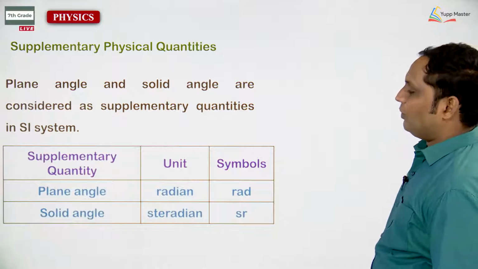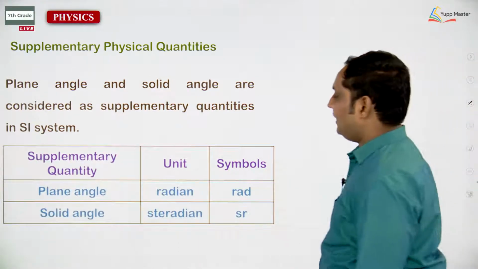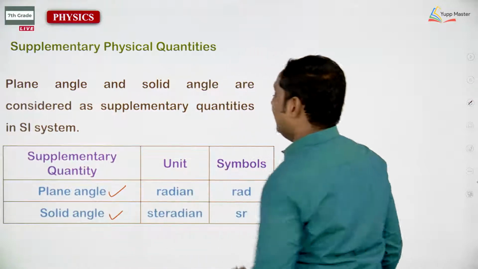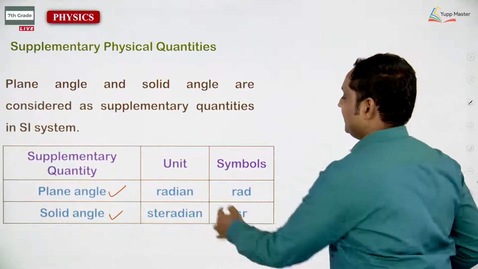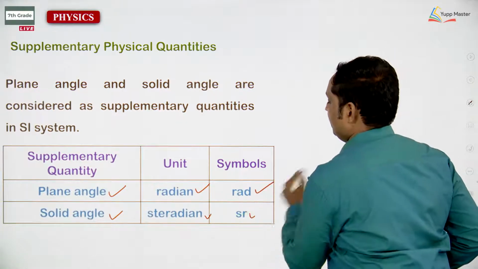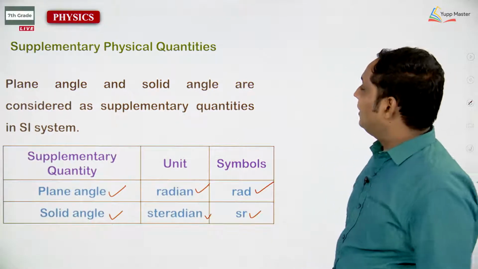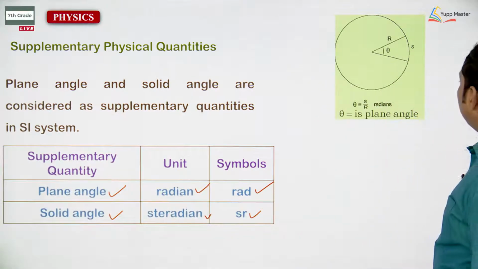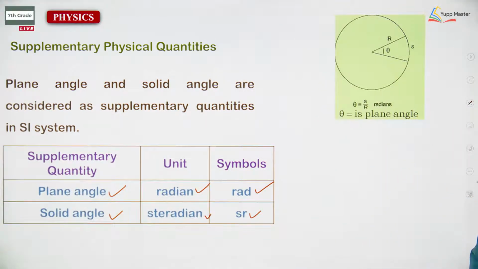The units are the radian and steradian, and the symbols are also going to be taken. All right. Now let's go for another one. Yeah, you have to take this one. This is very clear.